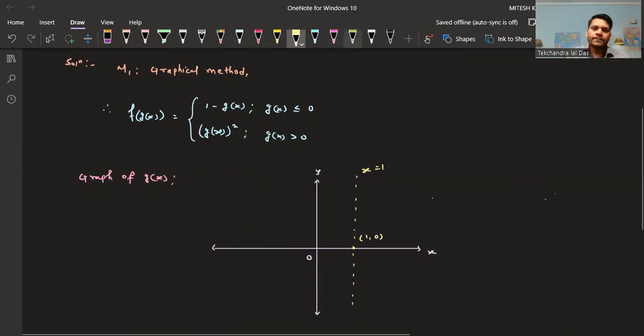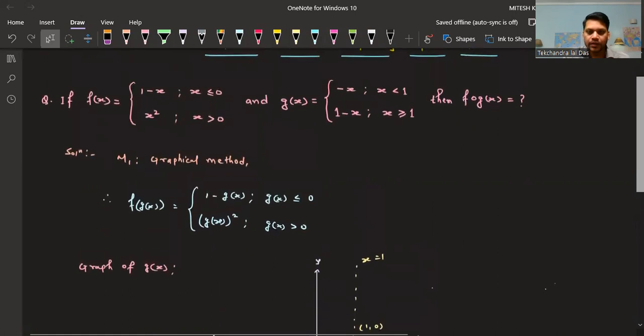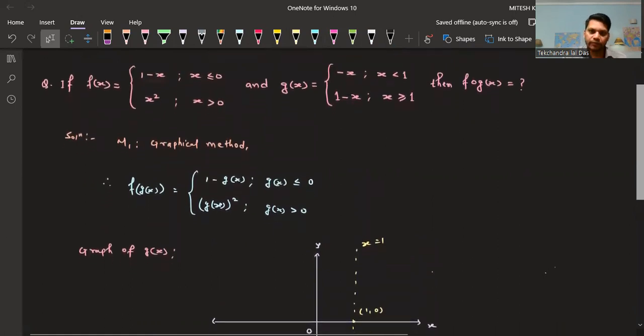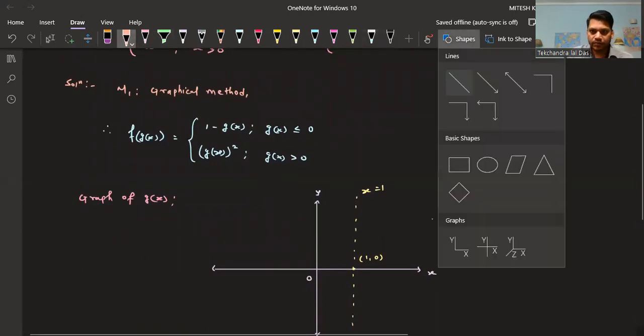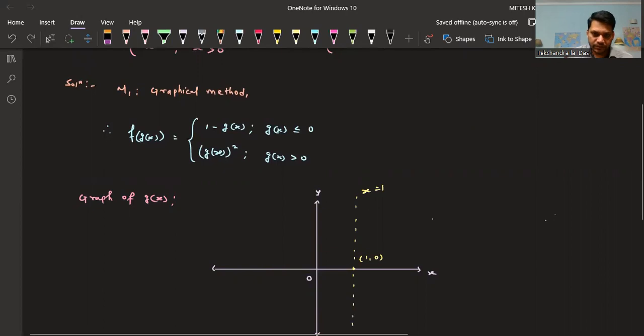Now the first branch is y equal to minus x, for x less than 1.